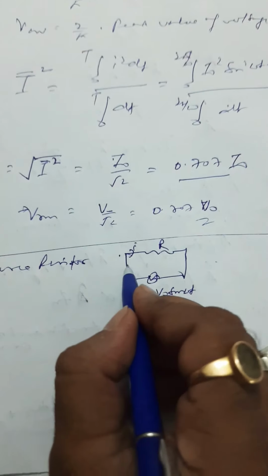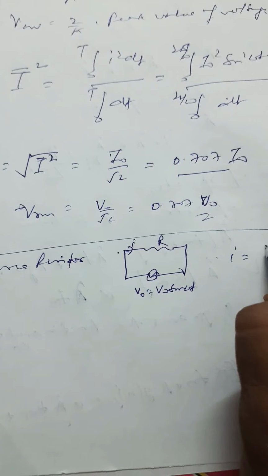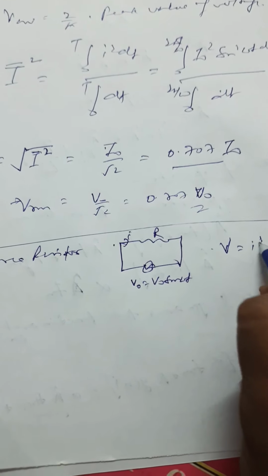So the current I passing through it is given by V is equal to I into R.